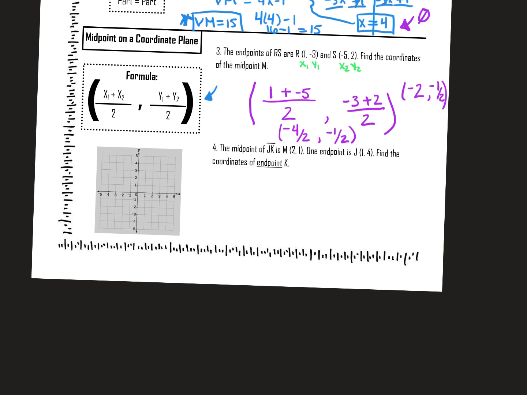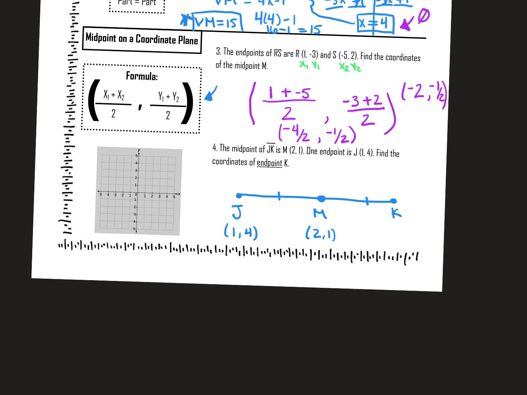We are given the line segment name, JK, and it has a midpoint of M, which tells me that this side is equal to this side. And then it tells me that point M is at (2, 1), and point J is at (1, 4).